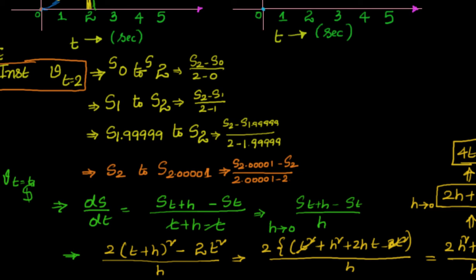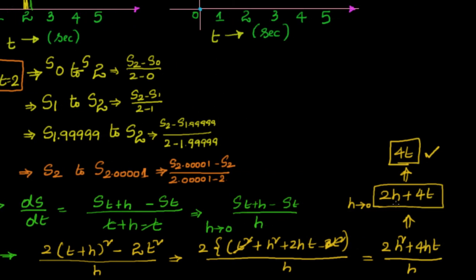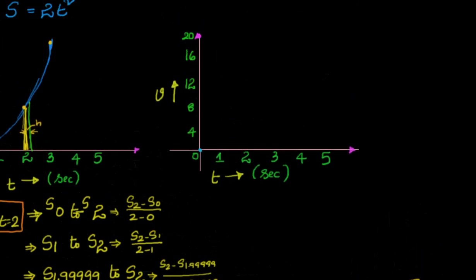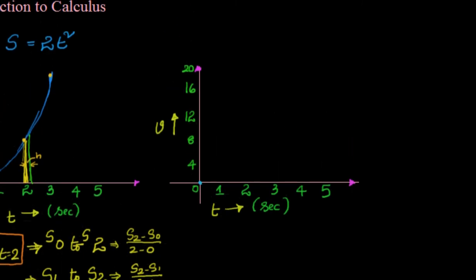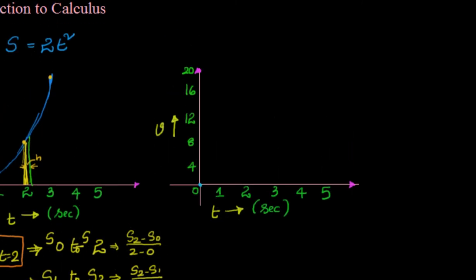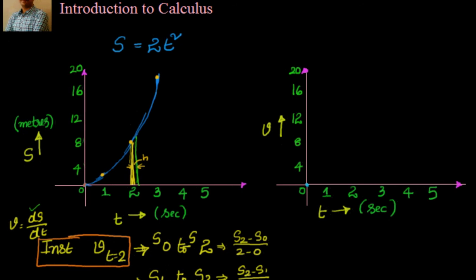If you simplify that, you will get 2h plus 4t, but we want h to be 0. We have to understand that h is tending towards 0. So if h is 0, then I will get the value as 4t. Now that you have got the 4t, this is called the first part, differentiation. So for s equal to 2t square, you are able to find the instantaneous velocity, that is nothing but equal to 4t. Now let us go back. We have the 4t with us. We have been given velocity equal to 4t.